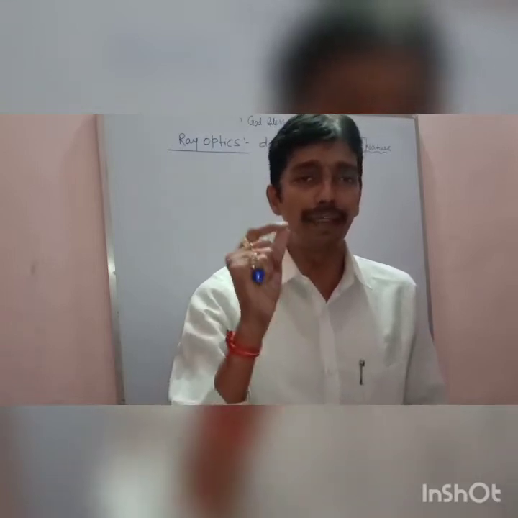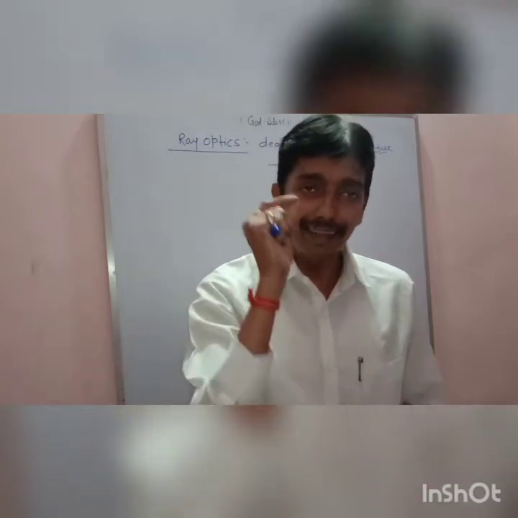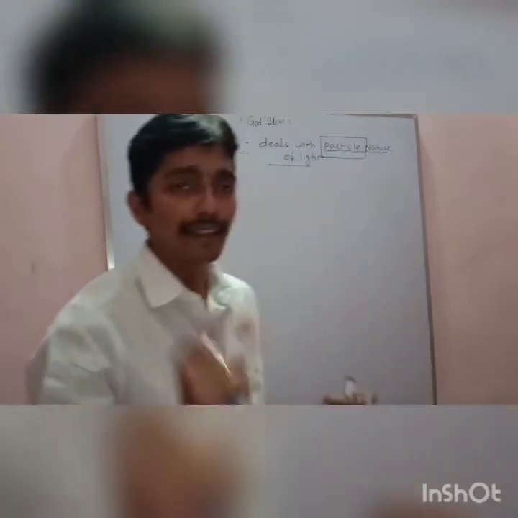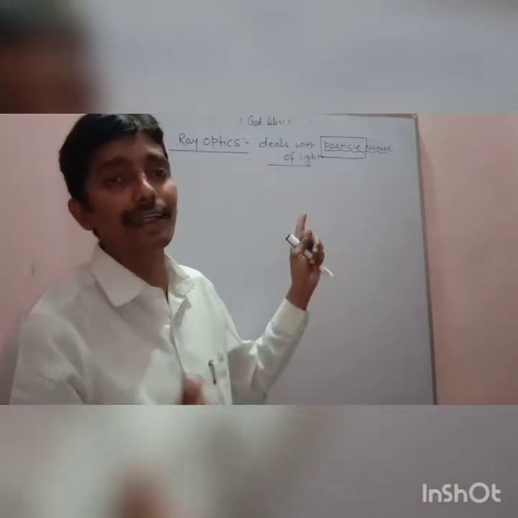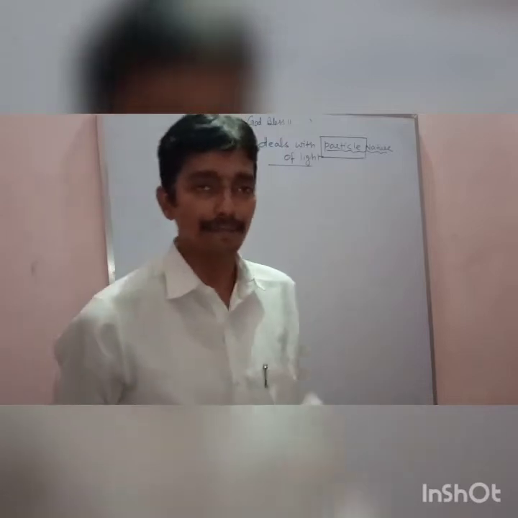This was given by Newton in his theory called Newton's corpuscular theory. In biology also, you are studying corpuscles. What are corpuscles? Small tiny particles. And in the chapter ray optics, we will discuss light as small tiny particles.